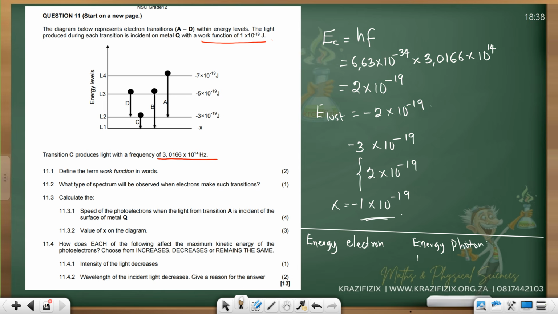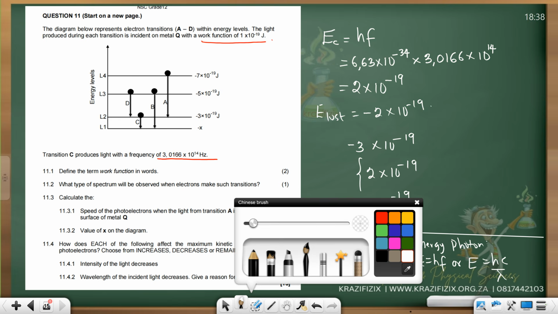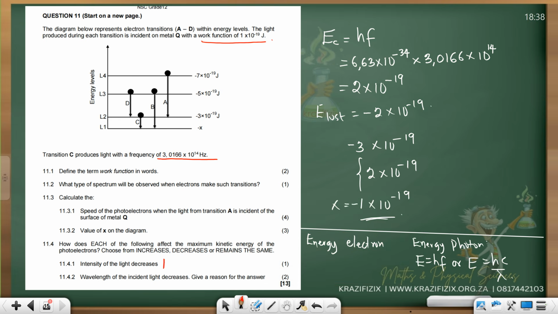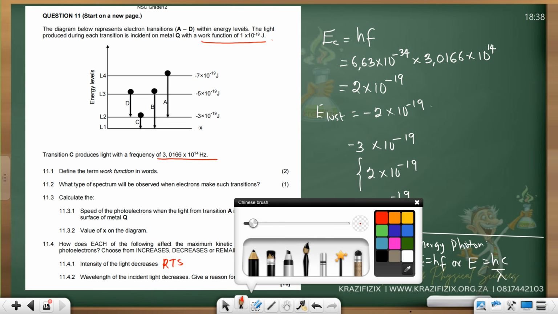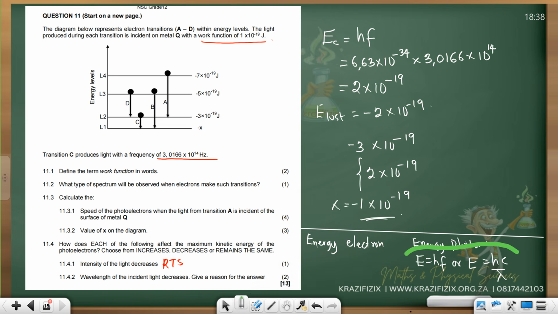And what is the energy of the photon? E equals to what? HF, or E equals to what? HC over wavelength. Okay. Intensity remains the same. That has nothing, because what must affect must be what? Energy. What about wavelength of the incident light decreases? Look at how I analyzed my formula.